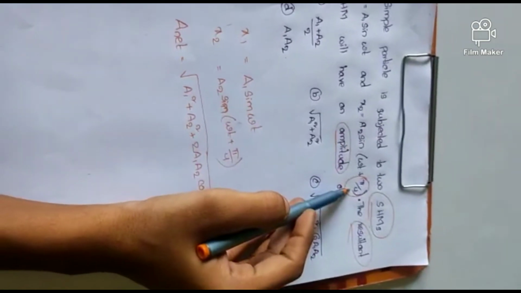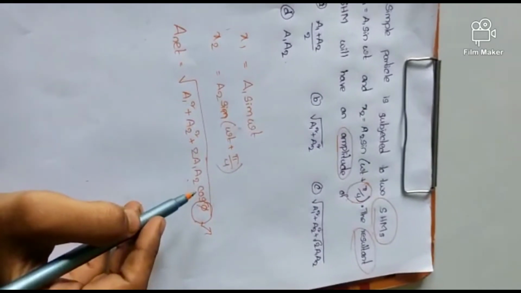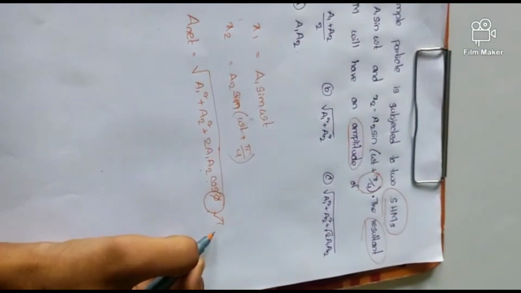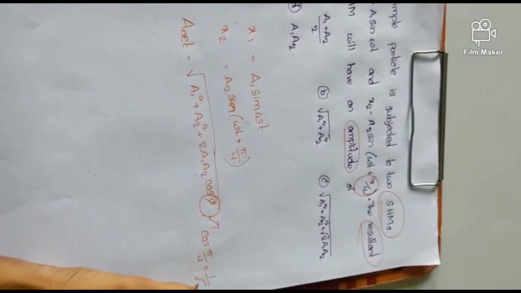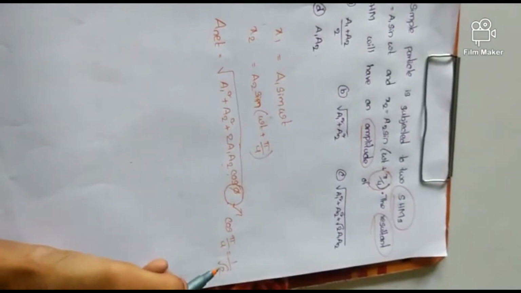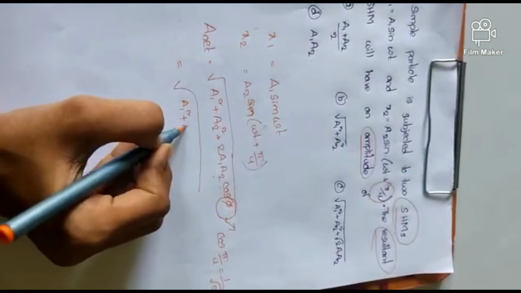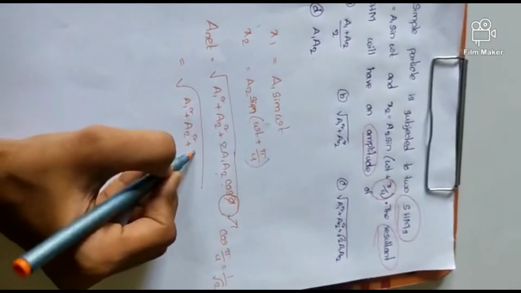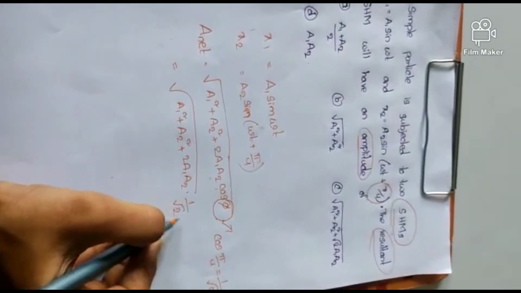So substitute the value of cos pi by 4 in this equation. The value of cos pi by 4 is 1 by root 2, which you can learn in trigonometry. Substitute here A1 square plus A2 square plus 2 A1 A2 into 1 by root 2.